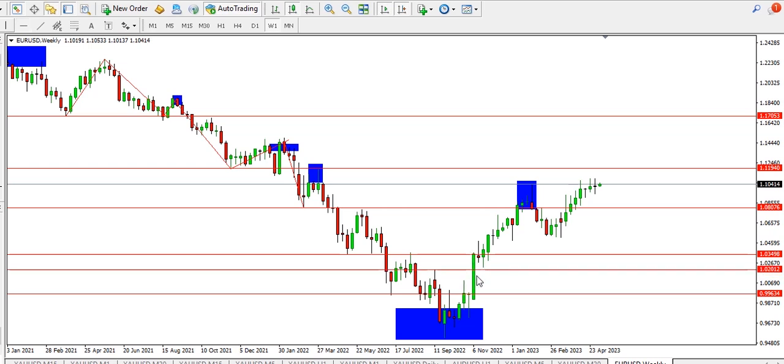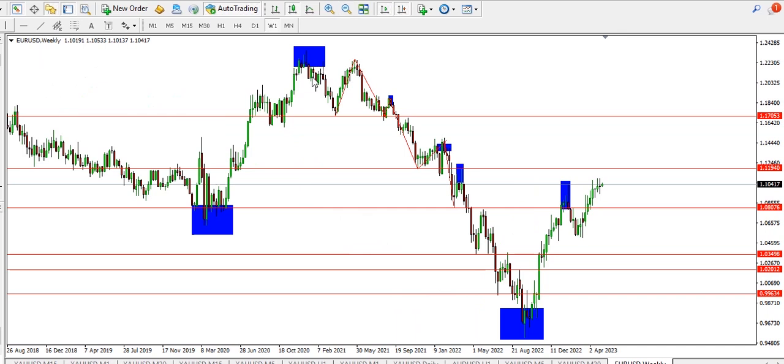That's a break of structure to the upper side. So if you place a buy stop or a buy trade here, you can buy. But the overall trend is a bearish trend. So in as much as you are buying, you take caution.